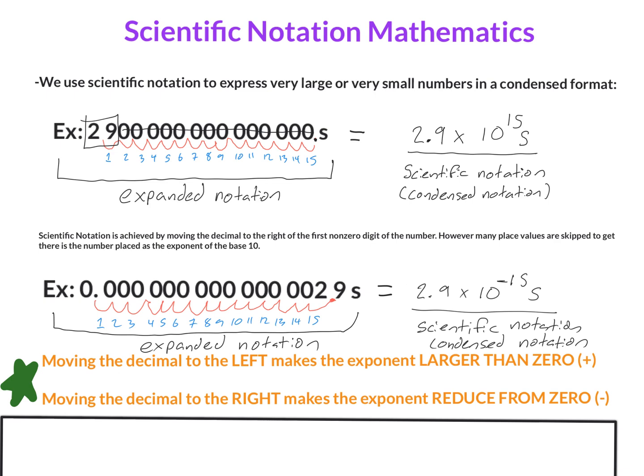What we did was when we moved our decimal place, we had to move it to the left, right? When we moved our decimal place here, we moved it to the right.